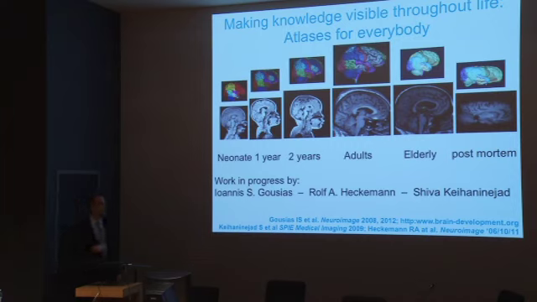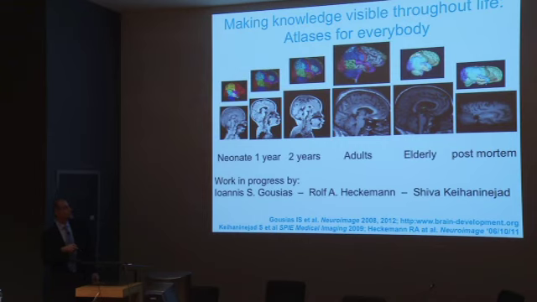We started with healthy adults. We've now gone down and provided atlases for 2-year-olds and 1-year-olds, many of them available from this webpage or otherwise via a license directly from me. Very recently, we published neonatal atlases, manually produced.